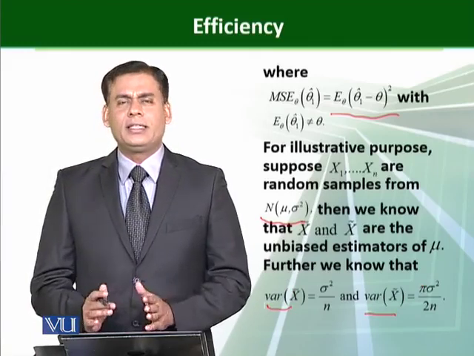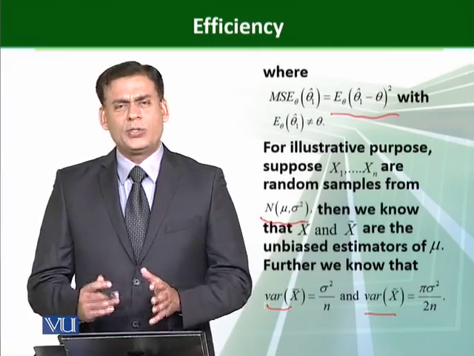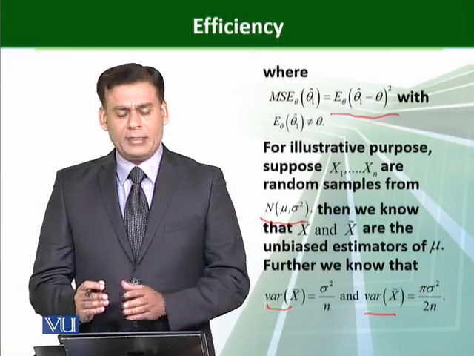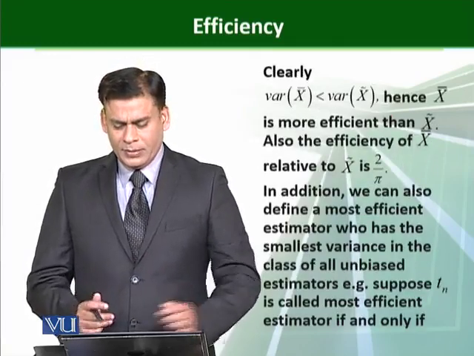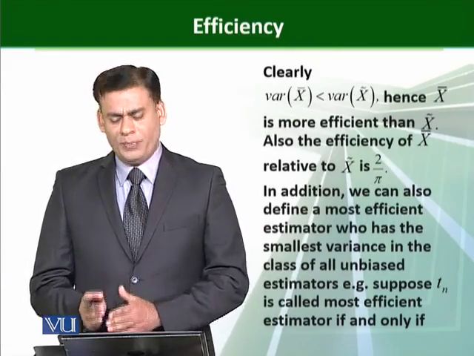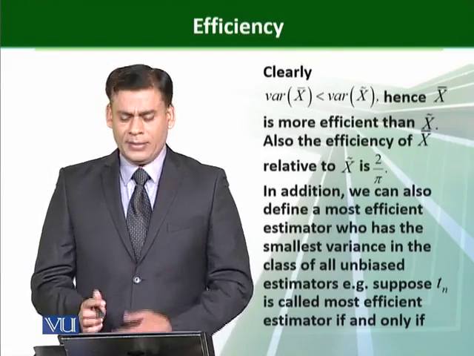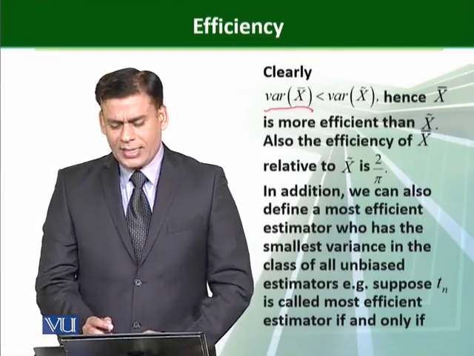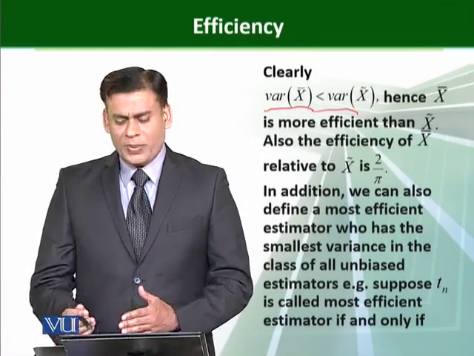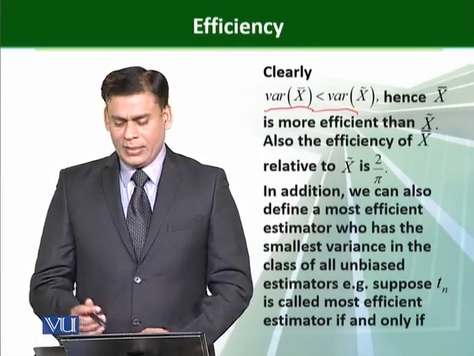We are going to use these results so that we can compare the efficiency of x bar and the median. Clearly, from the variances, we can easily see that the variance of x bar is less than the variance of the median. Hence we can say that x bar is the more efficient estimator than the median.